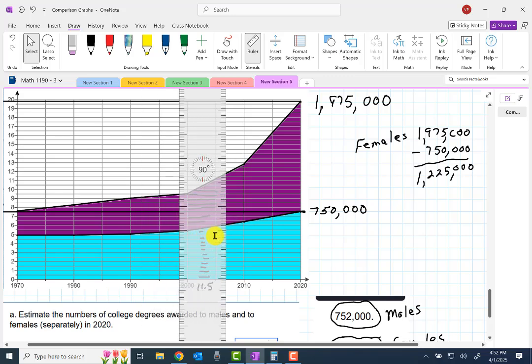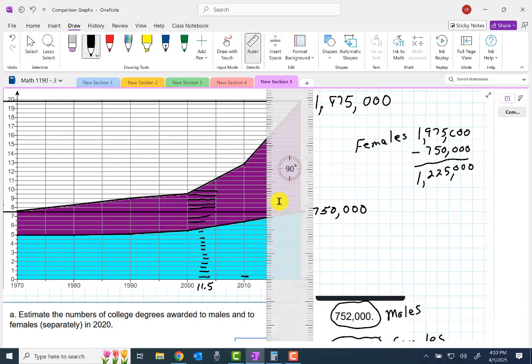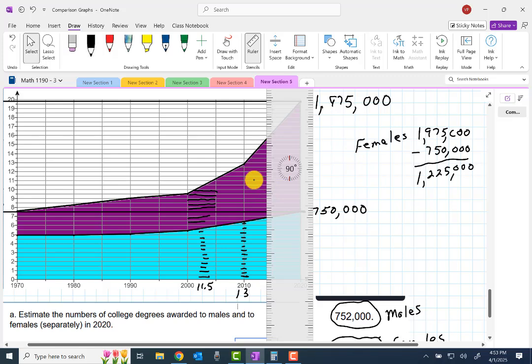So let's go to the next one. Let's try 2010 and count the rectangles and see where I'm at here. So at 2010, I've got 1, 2, 3, 4, 5, 6, 7, 8, 9, 10, 11, 12. I'll say 13 because it's kind of half chopped. So 13 for the males, and now let me check the females.